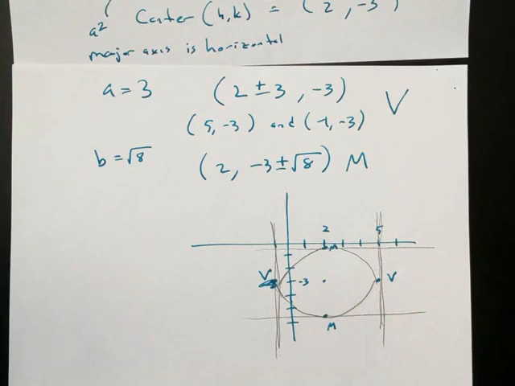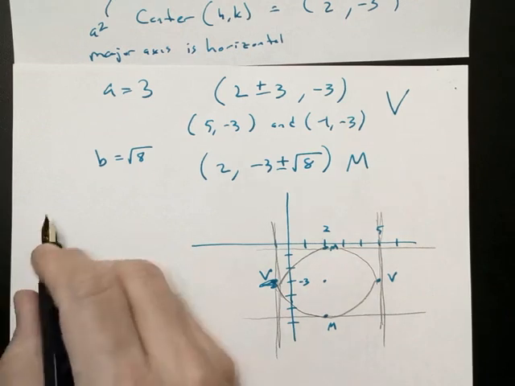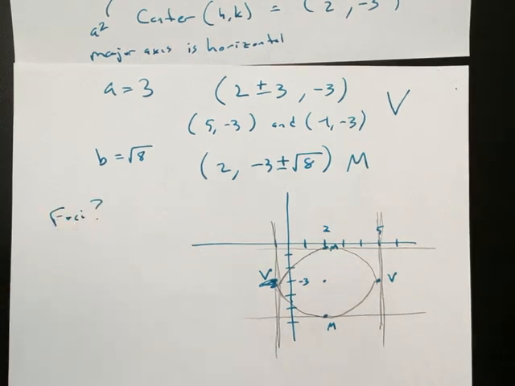If I want a better drawing, I need to use the thumbtacks and the string, which means I need my foci. Where are my foci? Vertices come from A, minor come from B, foci come from the equation to get C. So I've heard 3 different equations come out of 3 different mouths here.